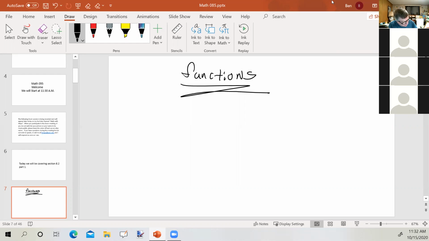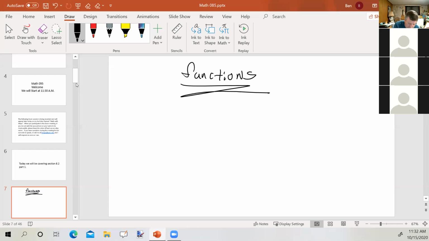The set of first components is called the domain of the function, and the set of second components is called the range of the function. All right. So a function is a relation where the following thing happens. For each value of input, there is exactly one value of output.